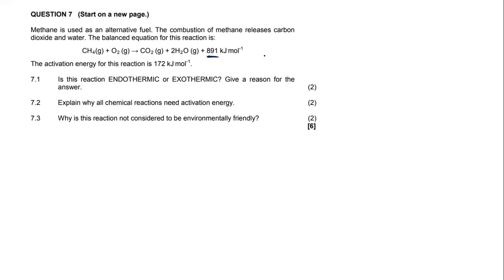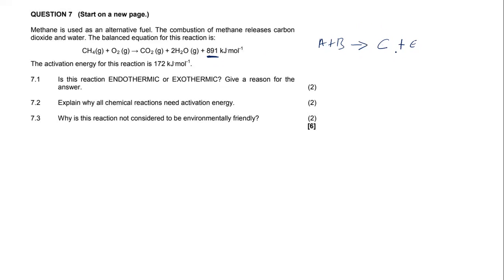Each and every time when your reaction, say for example, A plus B, they react together to form a product which is called C. Now let's say our energy in this case is written in the form of a product. Here we have the reactant side and there we have the product side.